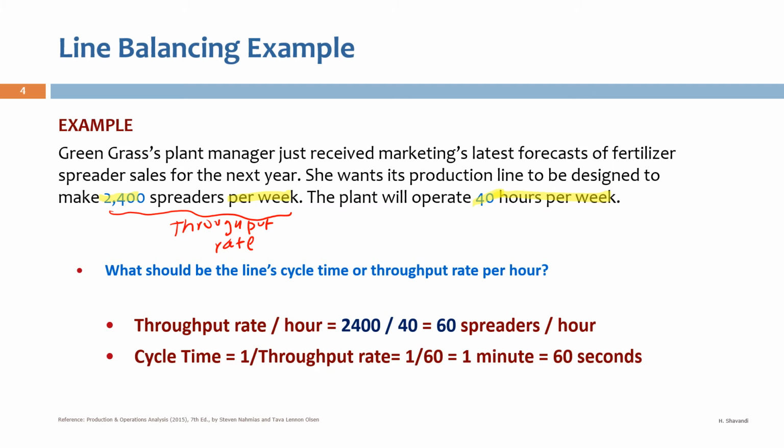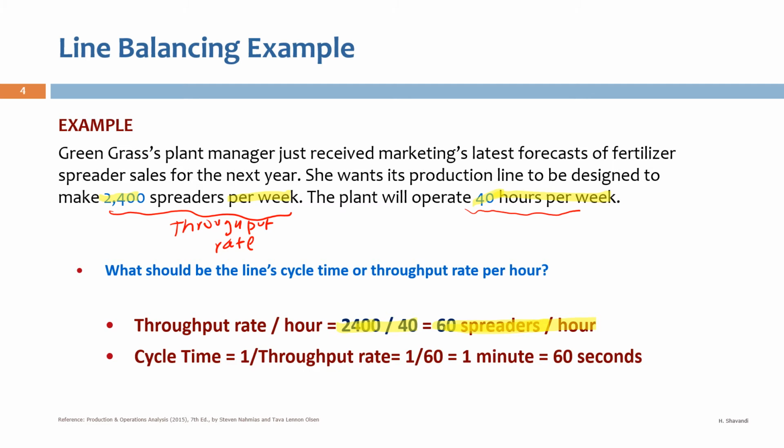If we want the throughput rate per hour, we divide the throughput per week by the number of hours per week, which is 40, so it will be 60. This means that the throughput rate here should be 60 spreaders per hour.